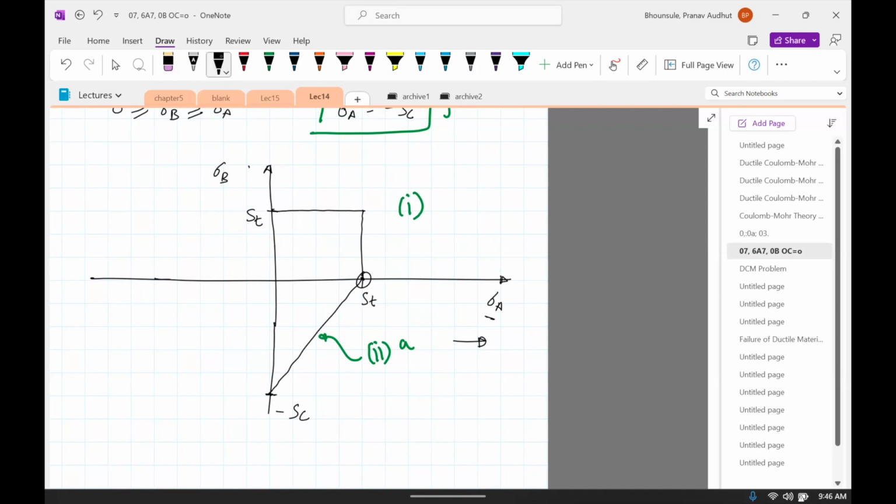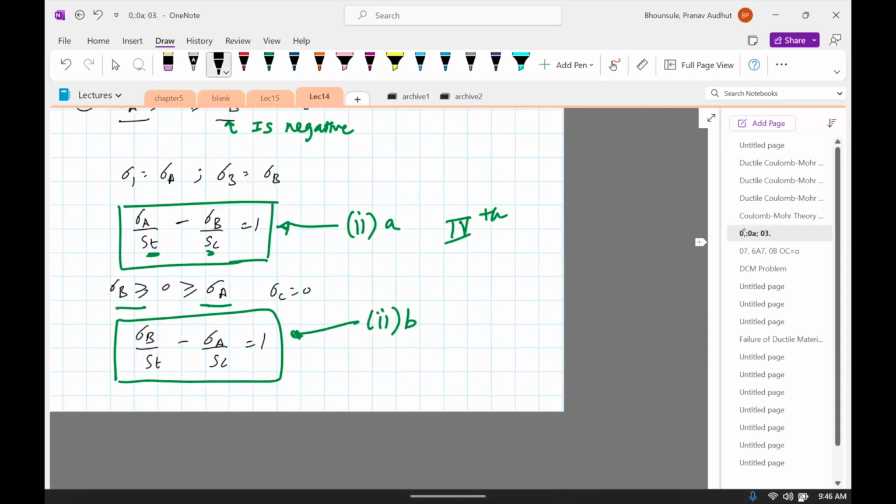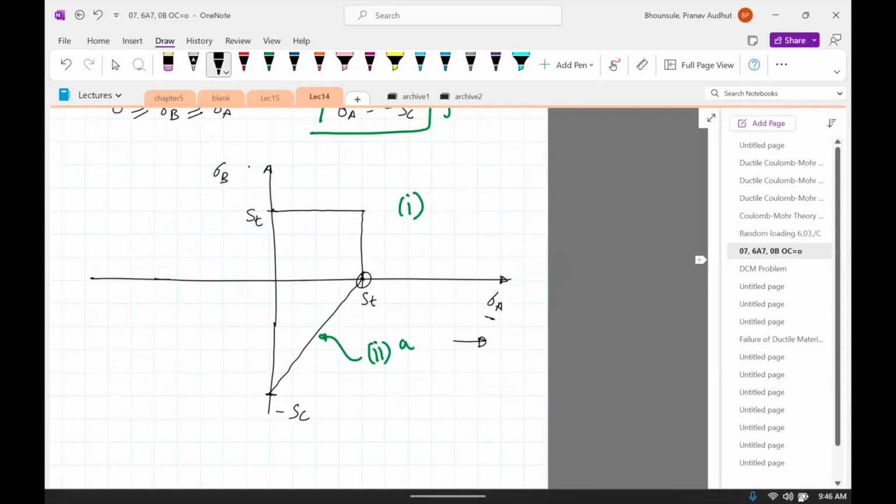We also note that its intercept is ST on the y-axis and minus SC on the x-axis. So ST on the y-axis, and minus SC on the x-axis. We need to join that with a straight line, because it's an equation of a straight line.